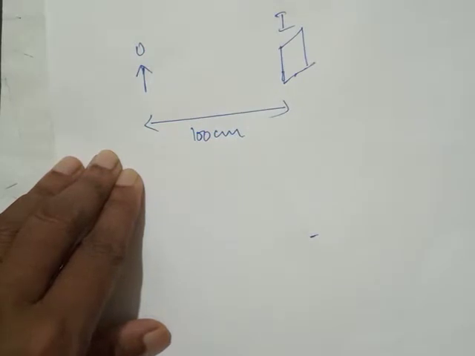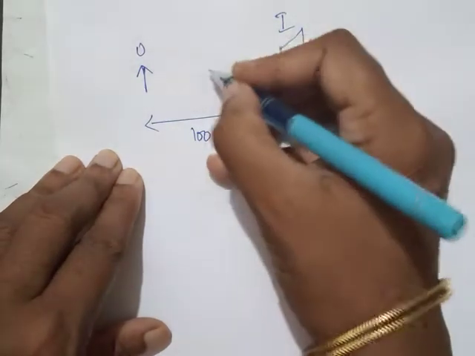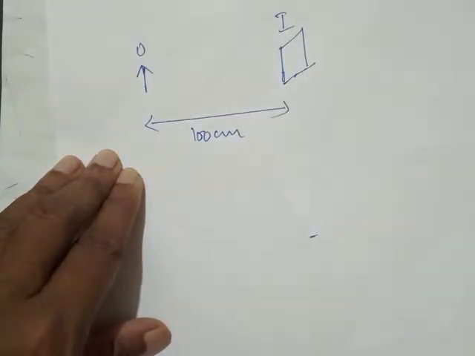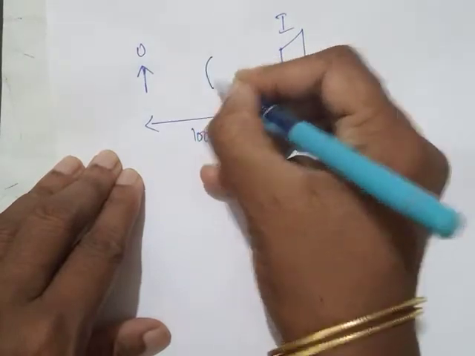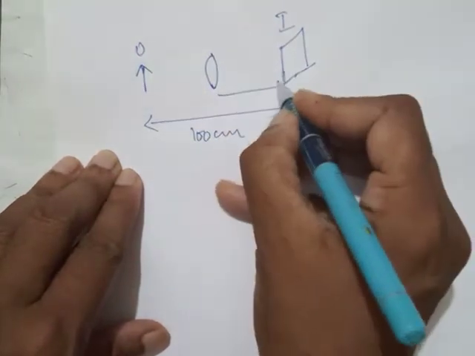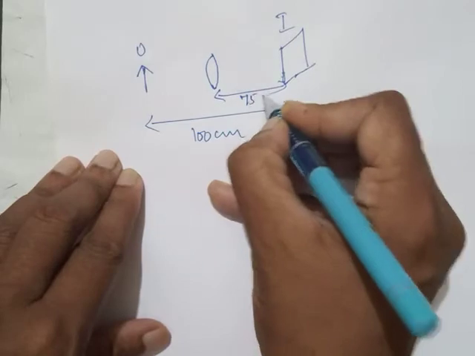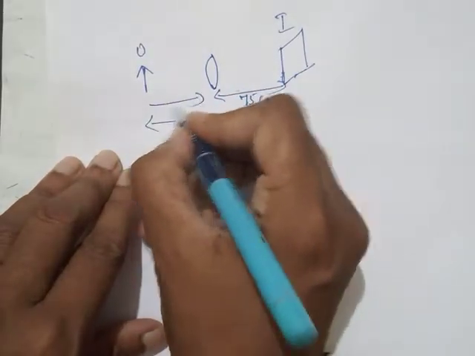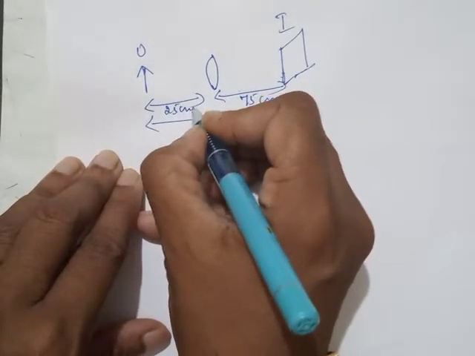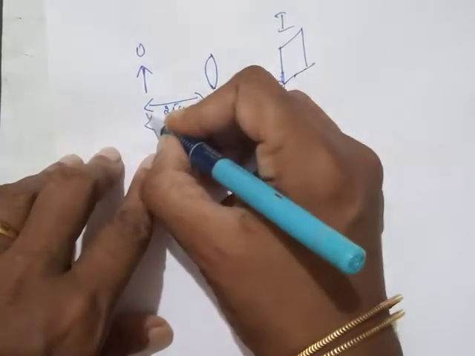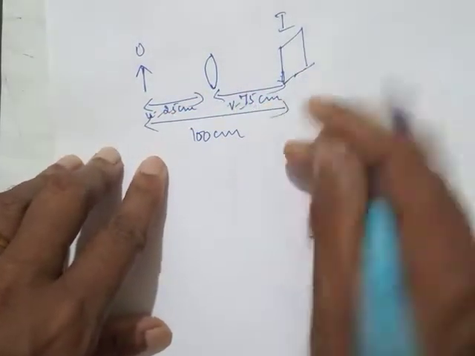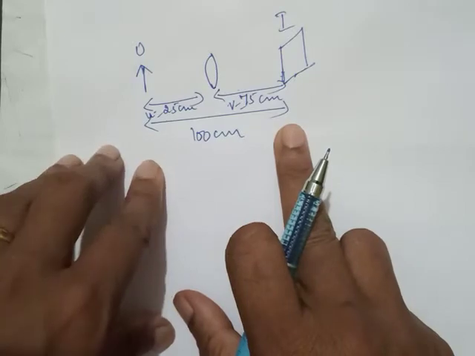Then a convex lens is used to form an image of the object on the screen placed at a distance of 75 centimeter from the lens. So there is a lens in between, and this distance is 75 centimeter. So what about this distance? 25 centimeter. So U and V are given. Hope you understood, just the wordings are a little different.